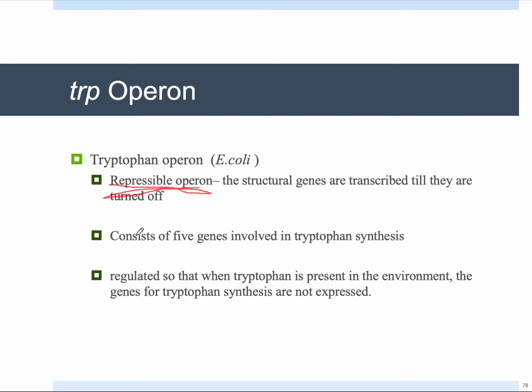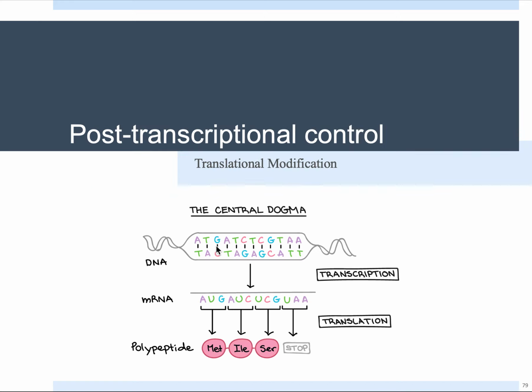It consists of 5 genes that are transcribed together, and they are regulated by a single promoter. So when tryptophan is present in the environment, the genes for tryptophan synthesis would not be turned on.